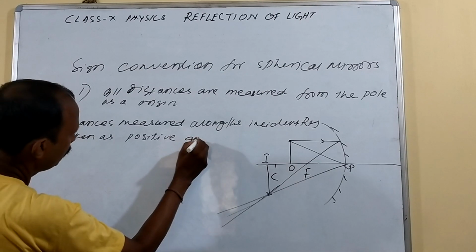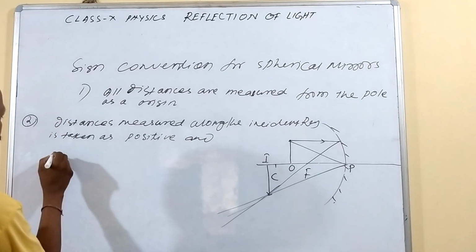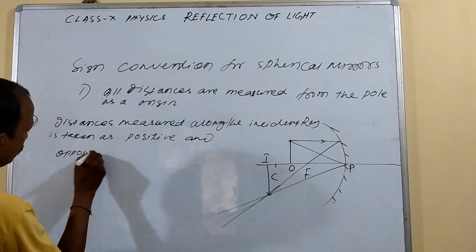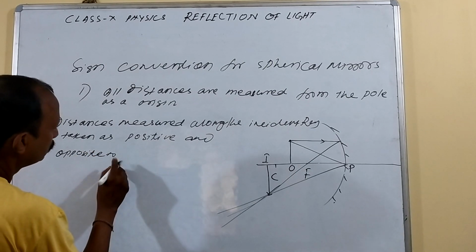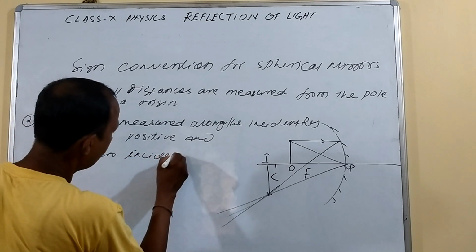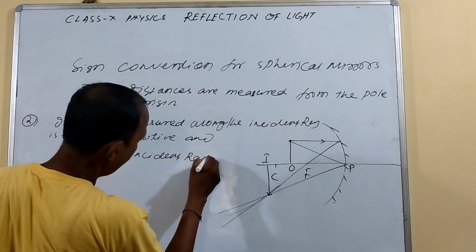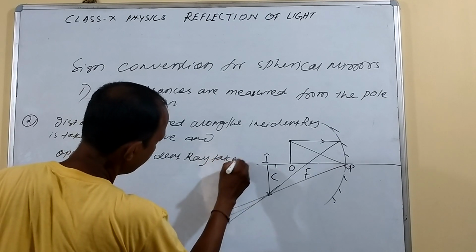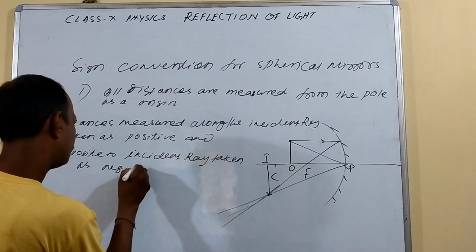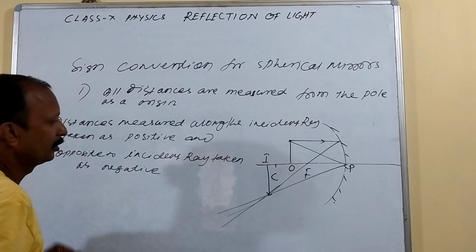Here I can write: and opposite to the incident ray taken as negative.